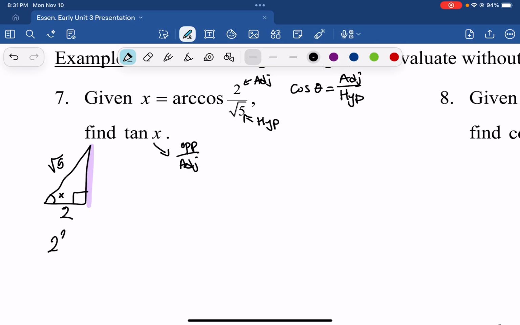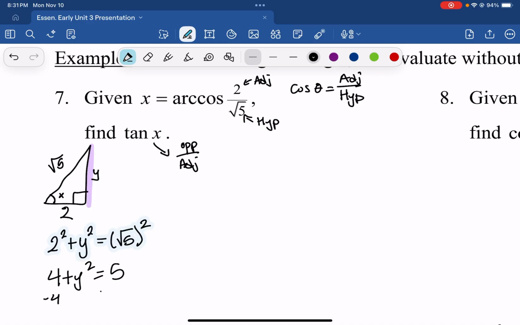So 2 squared plus y squared equals the square root of 5 squared. Simplifying my squares, I get 4 plus y squared equals 5.